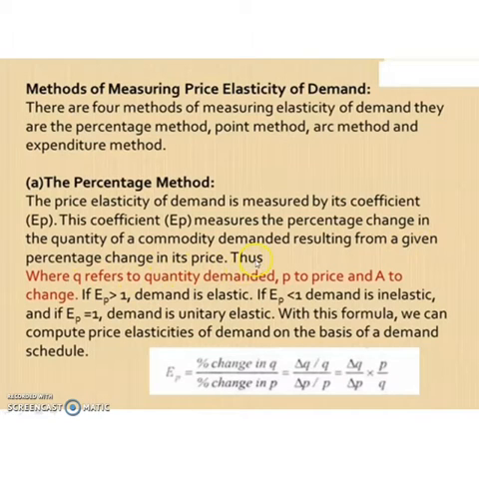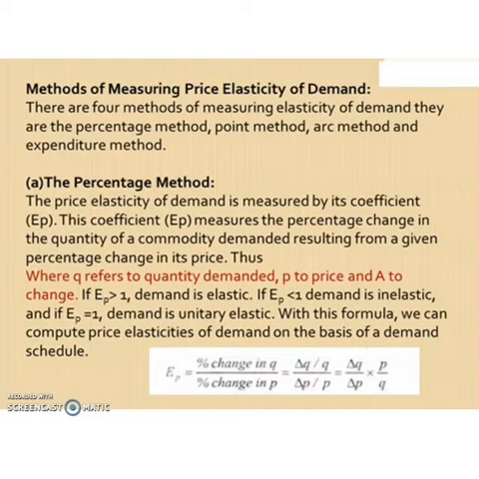Here Q refers to quantity demanded, P to price, and delta to change. So, the equation is that price elasticity of demand is equal to percentage change in Q, where Q means quantity demanded, divided by percentage change in price. That is the equation for measuring price elasticity of demand.